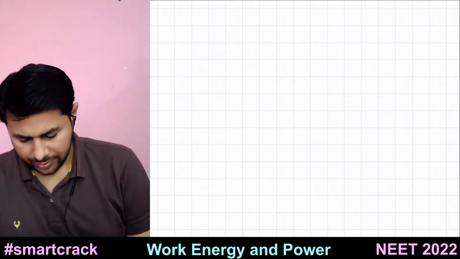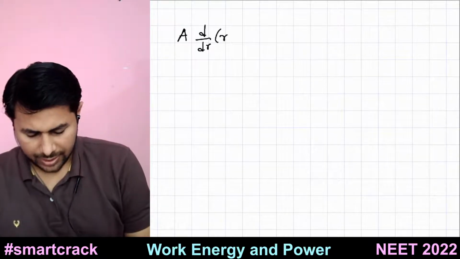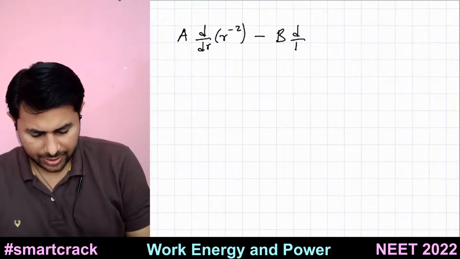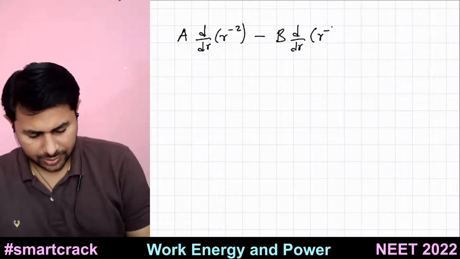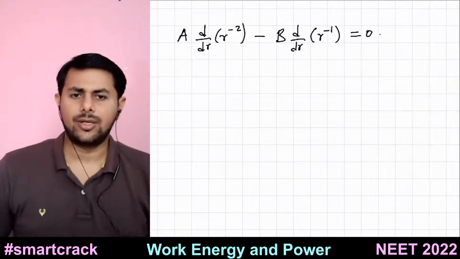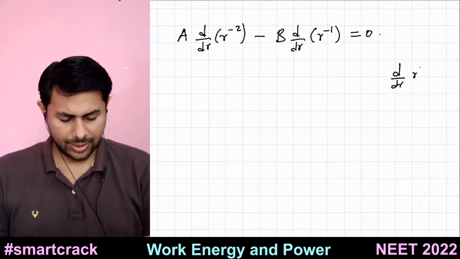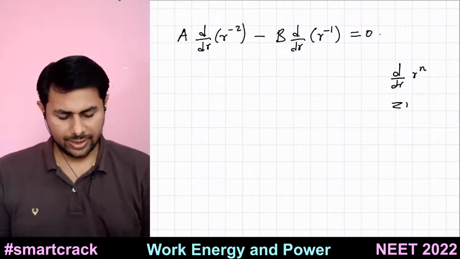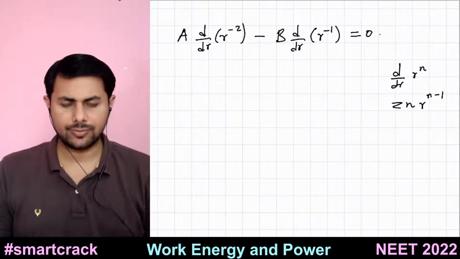A times d by dr of r raised to minus 2 minus b times d by dr of r raised to minus 1 is equal to 0. Then we know the derivative d by dr of r raised to n. How do we find that? It is n times r raised to n minus 1.